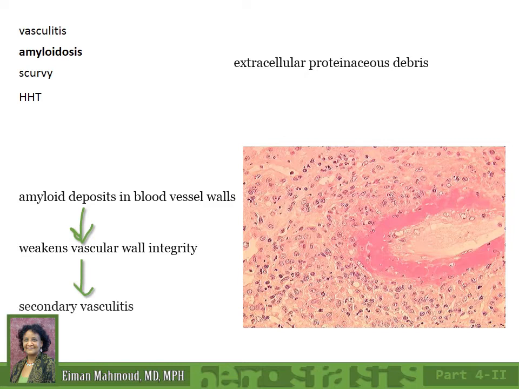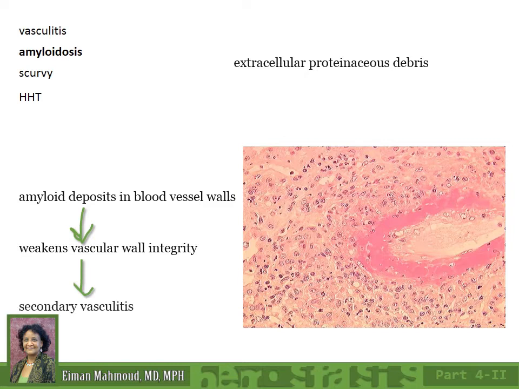So this will contribute to the bleeding that can occur with the blood vessels, especially if they are underneath the skin. But generally, when it comes to amyloid, it tends to be inside organs. So the bleeding will affect solid organs.